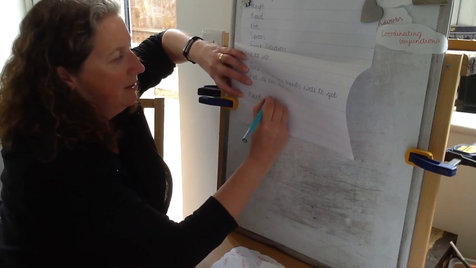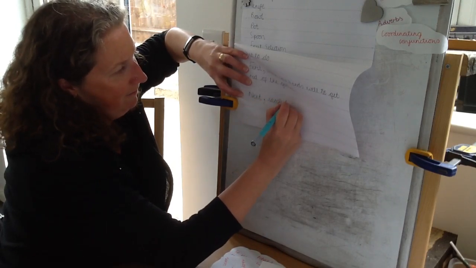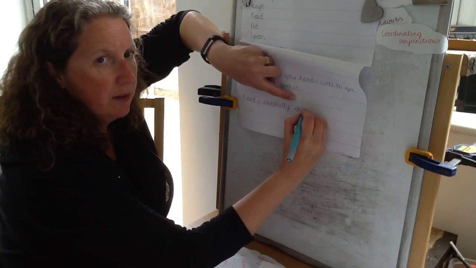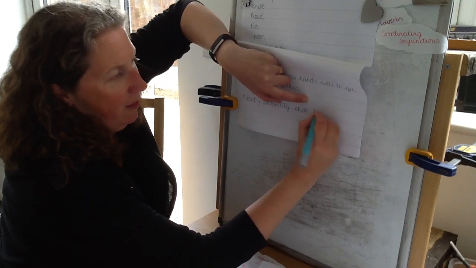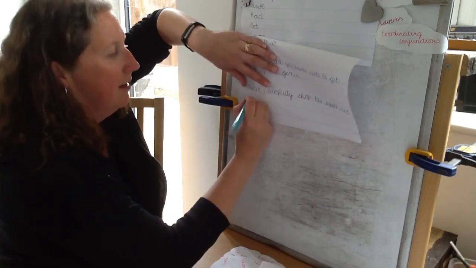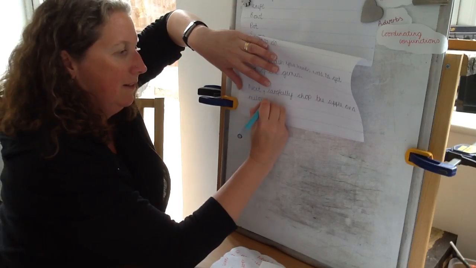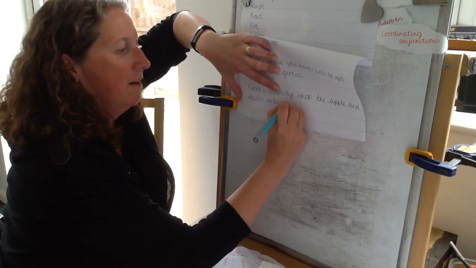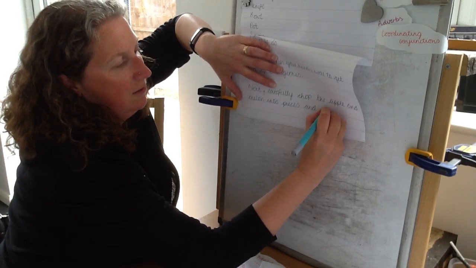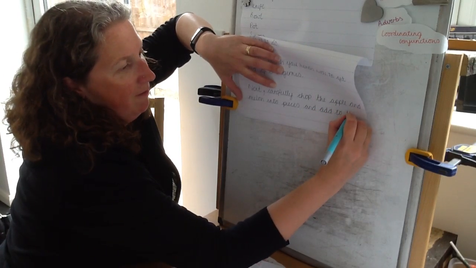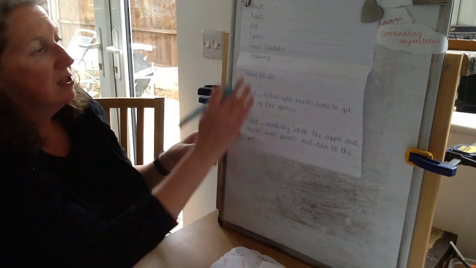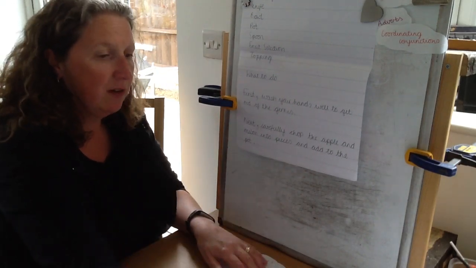I'm going to say carefully chop the apple and melon into pieces and add to the pot. Full stop. Fantastic.